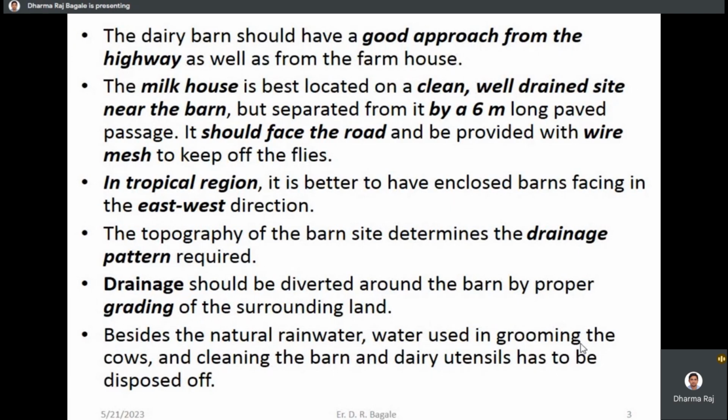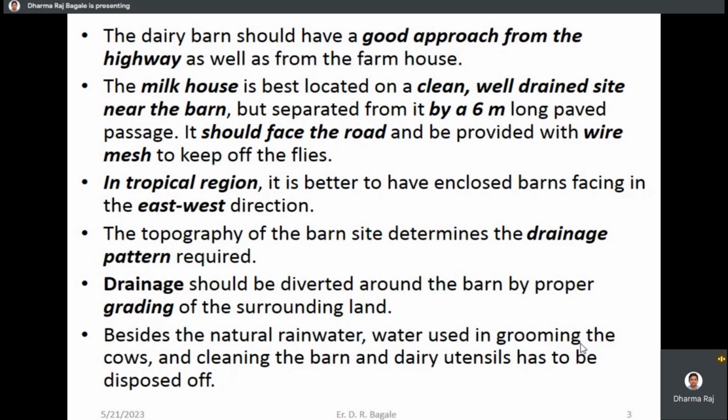In tropical areas, orienting the farm in the east-west direction with enclosed fencing would be beneficial, and a good drainage system should be built in the area.